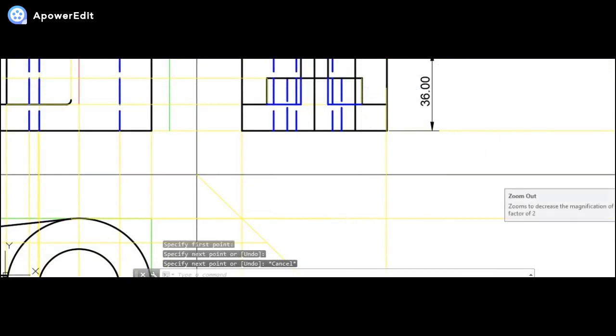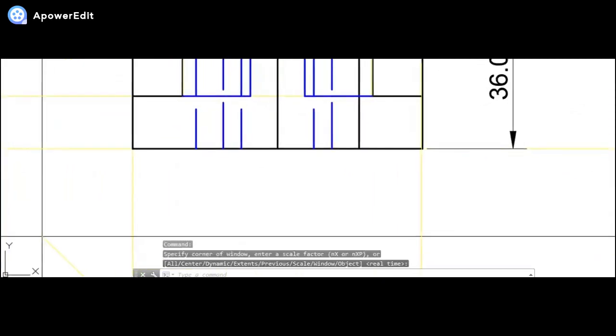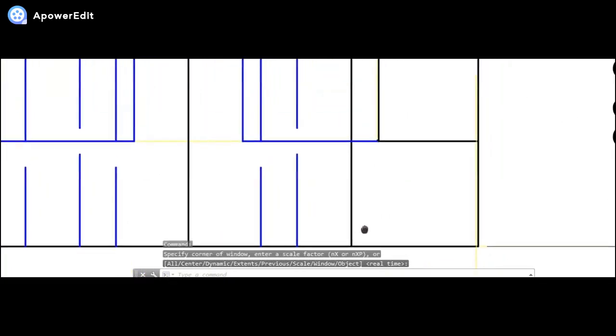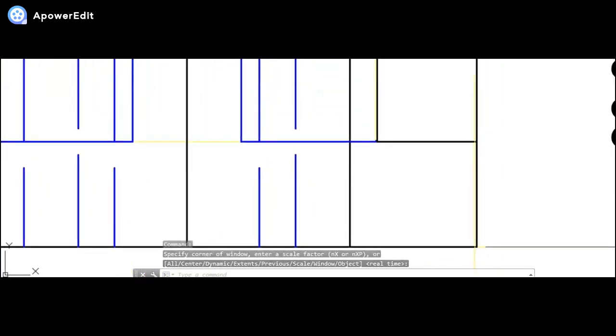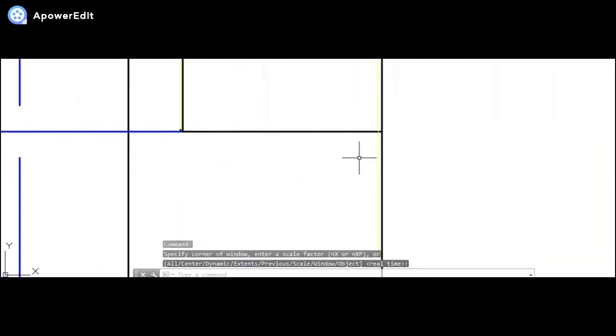I have drawn it. So it will be coming very specifically, just very minutely you can see the difference over here.